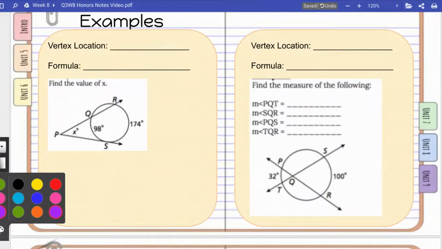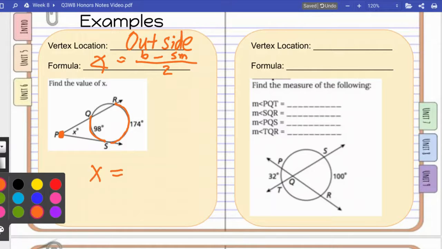So in this example, the vertex is located outside the circle. The rule is the angle equals the big arc minus the small arc divided by 2. So my arcs are QS and RS. So if I plug my values into my formula, the angle is x.